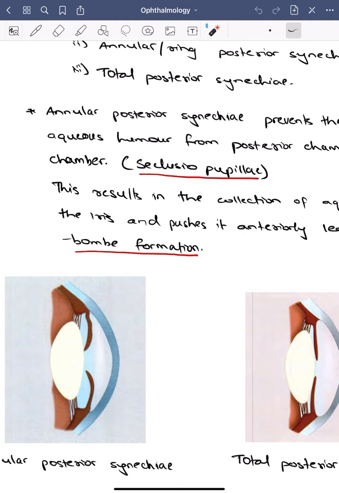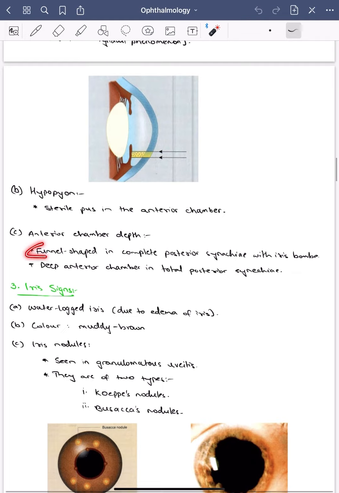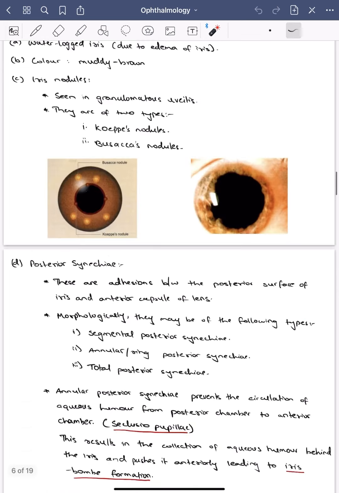Now because of this blockage, aqueous humor collects behind the iris and pushes it forward, and this leads to iris bombe formation. Because of this, a funnel shaped anterior chamber is seen, and this is why we've mentioned here a funnel shaped anterior chamber depth is seen in annular posterior synechiae with iris bombe formation.